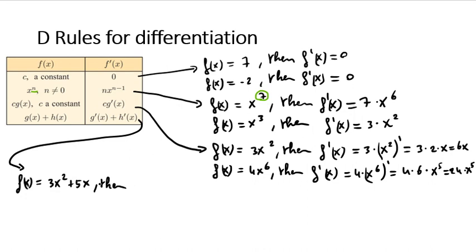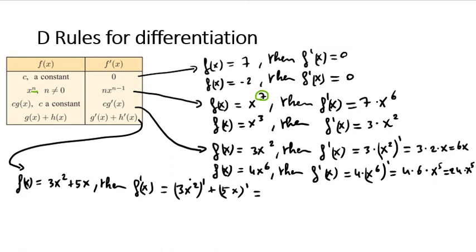Then we can say that the derivative of f of x, you can see very clearly that the function f of x consists of two functions, like 3x squared and 5x. So then the derivative of f of x is equal to the derivative of 3x to the power of 2 plus the derivative of 5x.